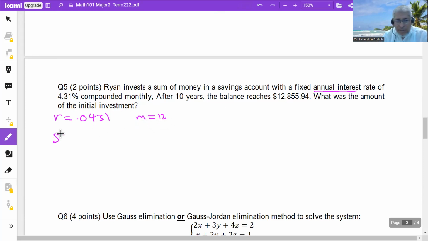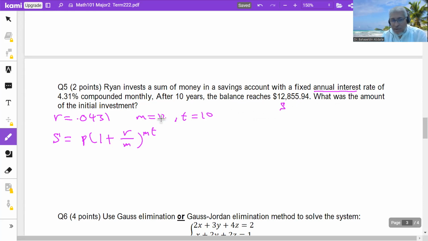The formula here is S equals P times 1 plus R over M to the power M times T, where M is the number of periods per year. So if it's compounded monthly, 12 periods in a year. After 10 years, that's T, time in years, the balance reaches this amount.